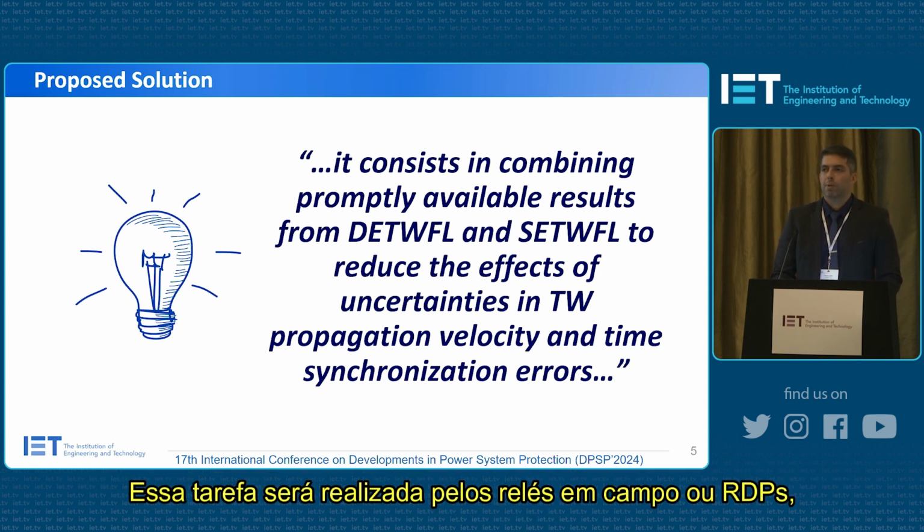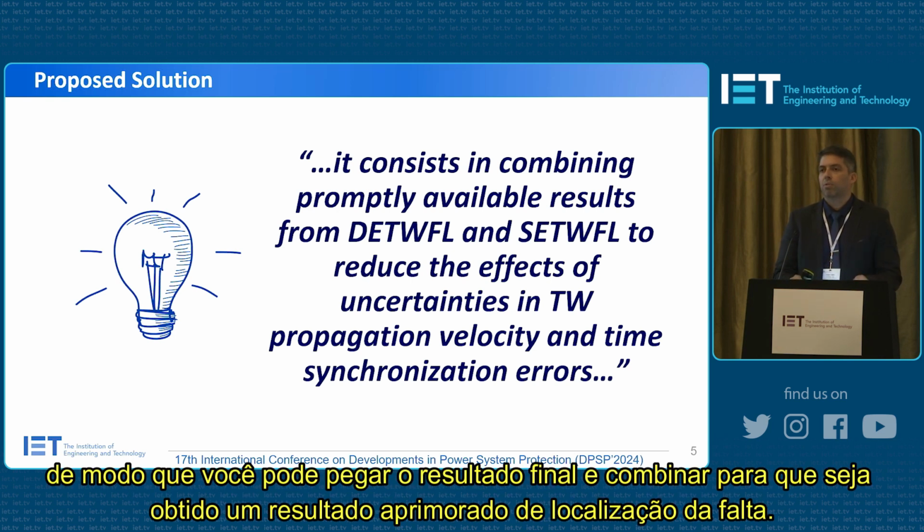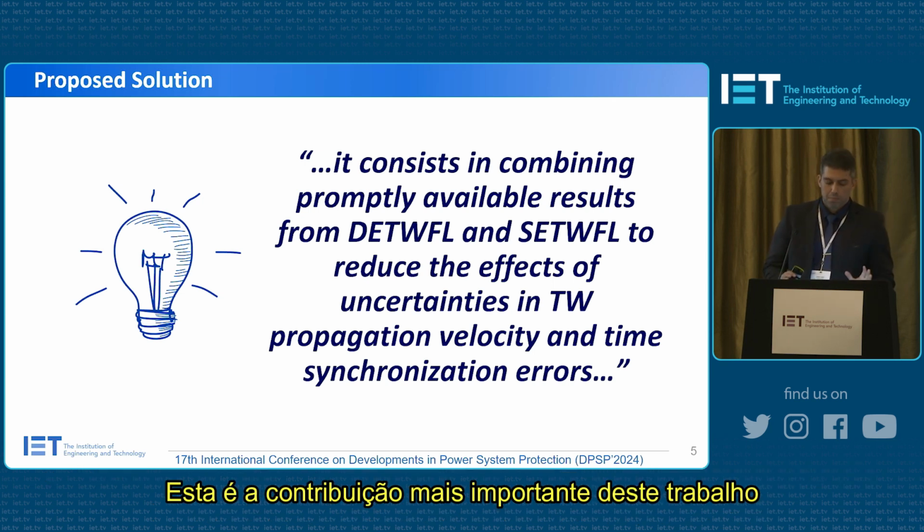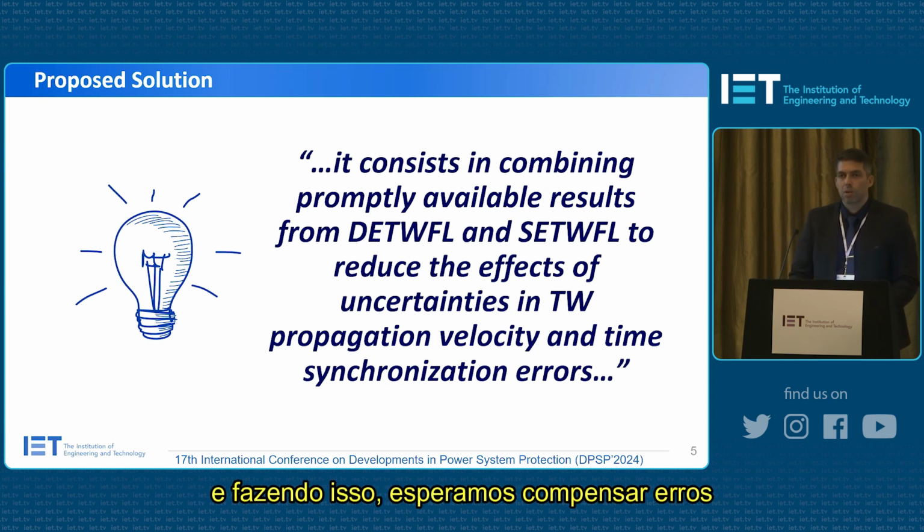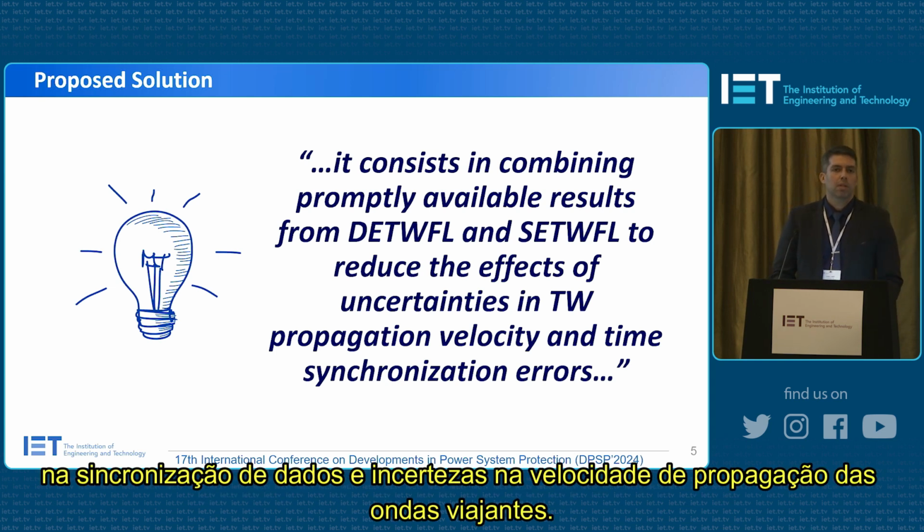This task will be performed by the relays in the field or the DFRs, so you can take the final results and combine them to have an enhanced fault location result. This is the most important contribution here. And by doing so, we are expecting to compensate errors in time synchronization and uncertainties in the traveling wave propagation velocity.